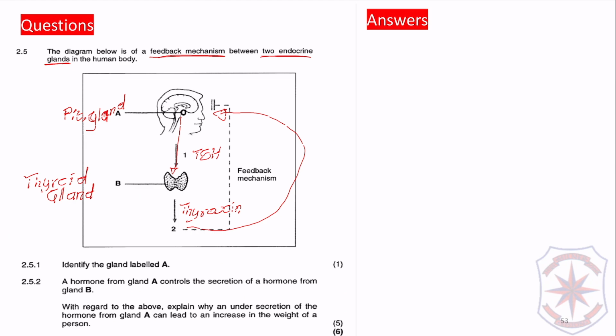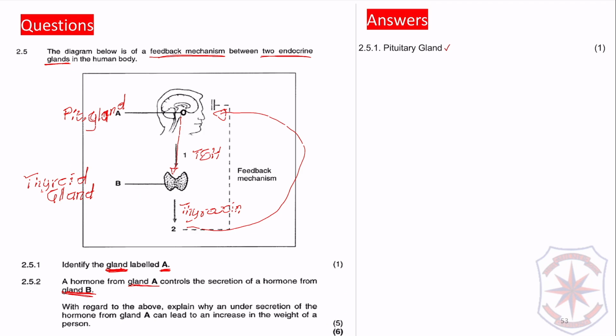Okay, guys, let's look at the questions. Identify gland labeled A. Your answer must be a gland, not a hormone, but a gland. And the answer is the pituitary gland. A hormone from gland A controls the secretion of a hormone from gland B. So a hormone from the pituitary gland, gland A, controls the secretion of a hormone in gland B. What does that mean?